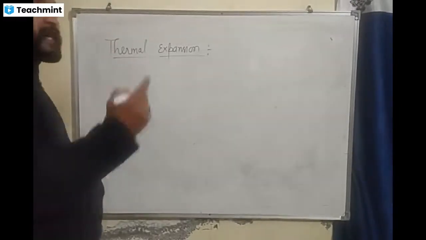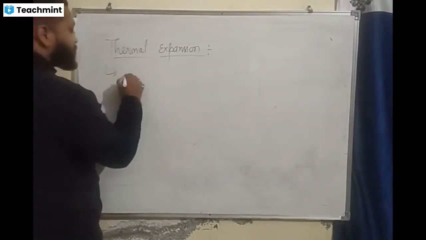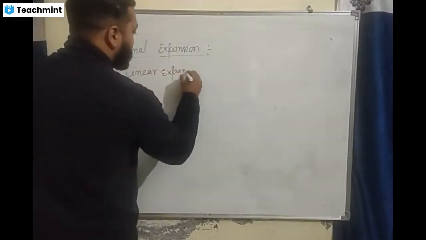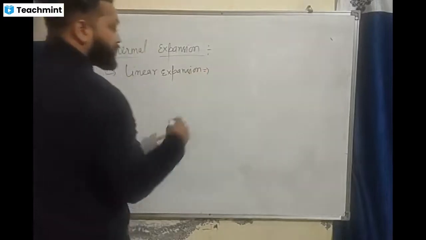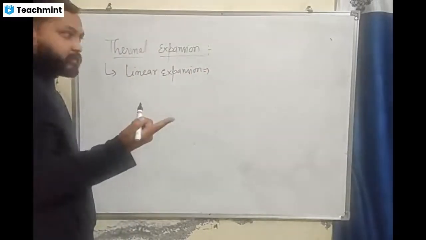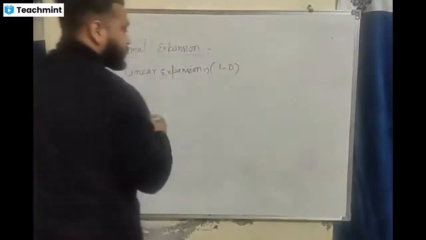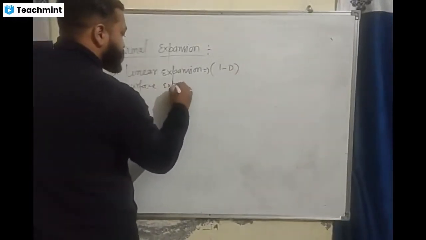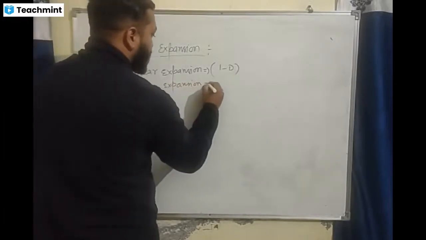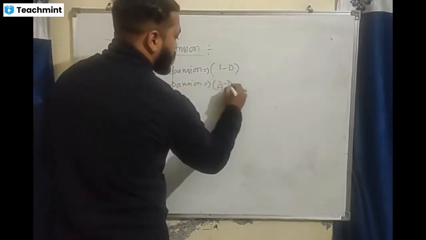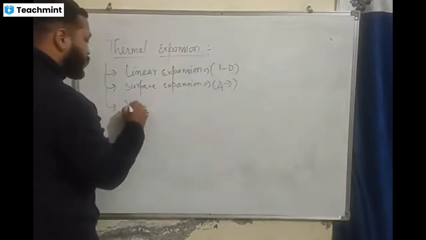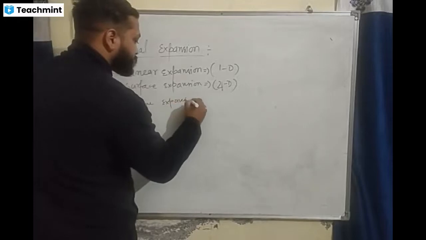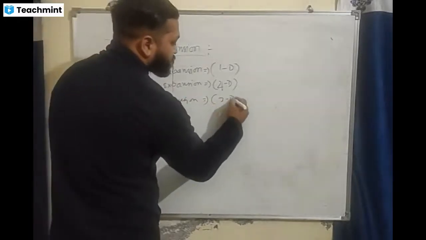So basically we have three types of expansion. Number one is linear expansion, in which there is a change in length. You can say it is one dimensional. The second one is surface expansion, that is, surface means 2D, and another one is volume expansion, and that is 3D.